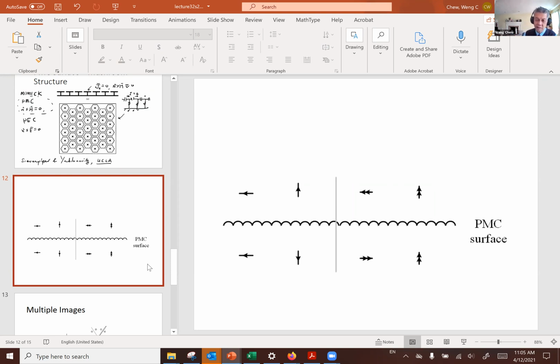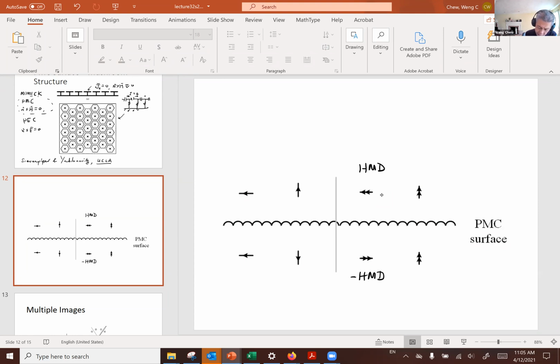Then if you summarize the image theory for a PMC by the duality principle, if you have a horizontal magnetic dipole, then it actually should be the negative of a horizontal magnetic dipole.